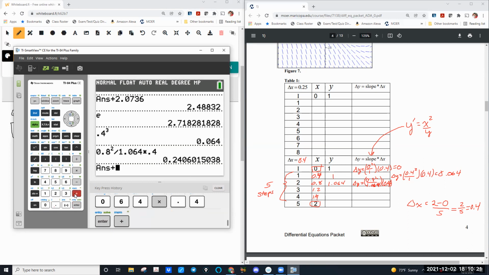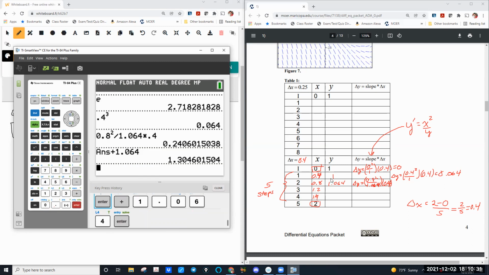And then that gets added to our previous y, 1.064. Oops, wrong answer. And that makes this next one 1.30460. And the more stuff you can keep in the calculator, the more you're going to avoid round off.